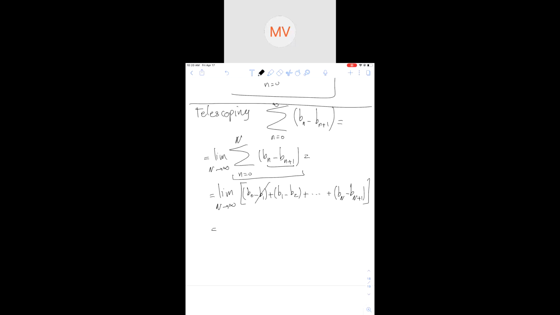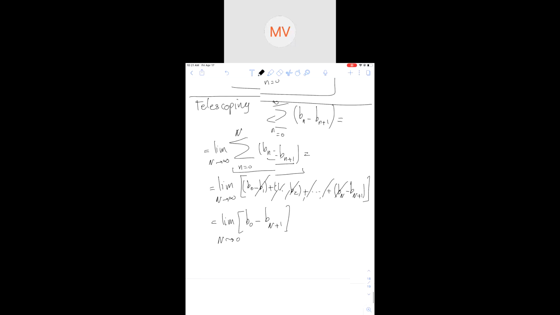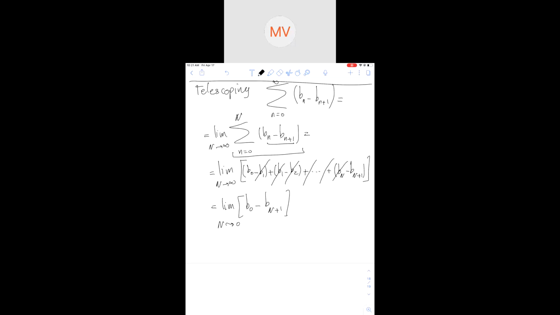Now there are cancellations happening. b_2, there's another b_2. For b_n, there's another b_n before that. The negative sign cancels out. So what is left is b_0 minus the last one. Now, this limit converges only if that one converges.